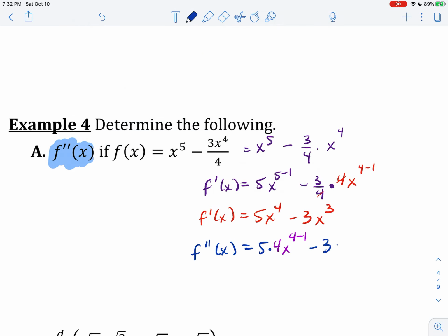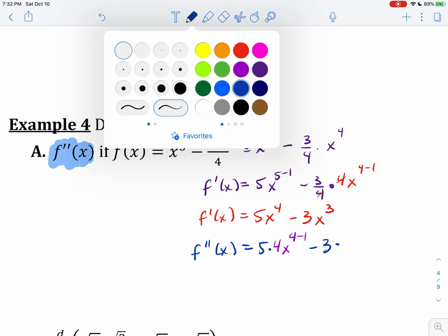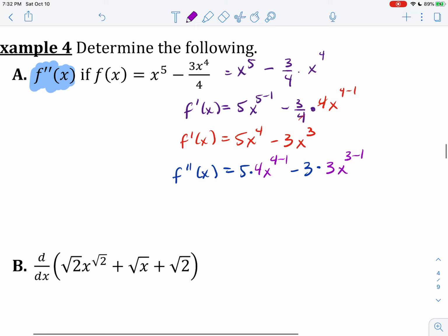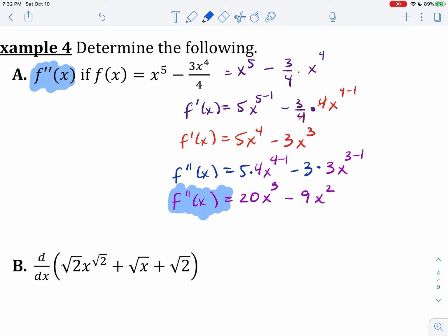And then we have minus 3, and what's the derivative of x cubed? The derivative of x cubed is take the 3 down and then subtract 1. So we can simplify. 5 times 4 is 20, 4 minus 1 is 3, minus 9, and 3 minus 1 is 2. So our second derivative is going to be 20x cubed minus 9x squared.